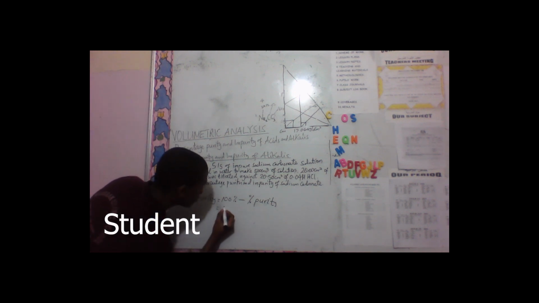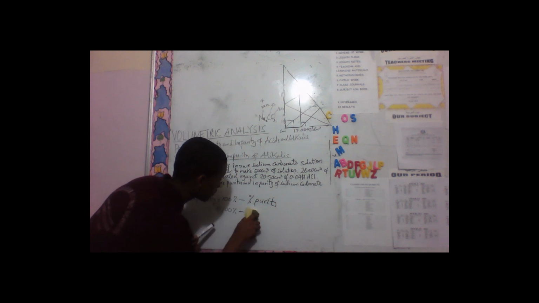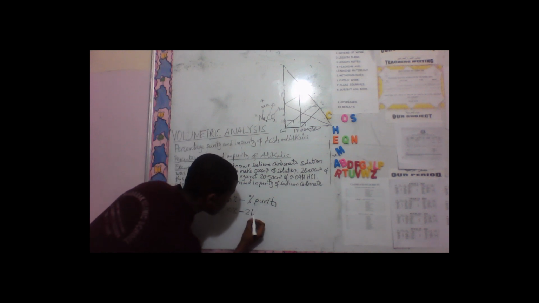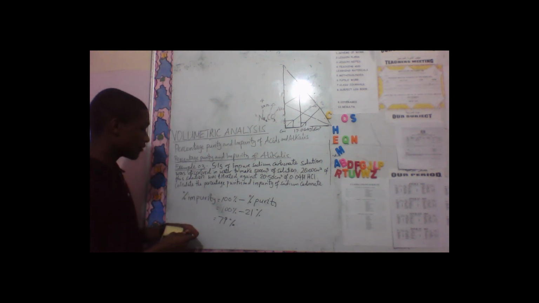So the answer is 79%. So this is how to get the percentage impurity of sodium carbonate.